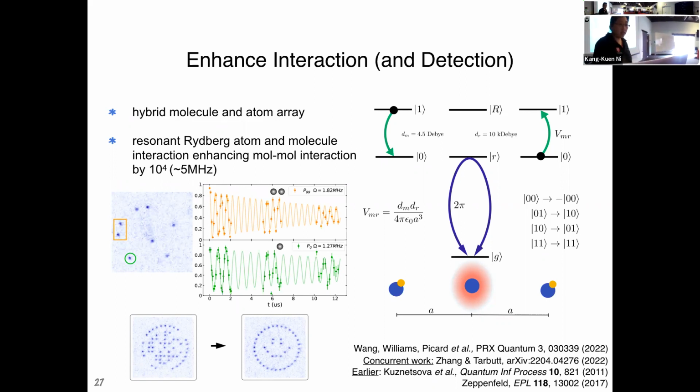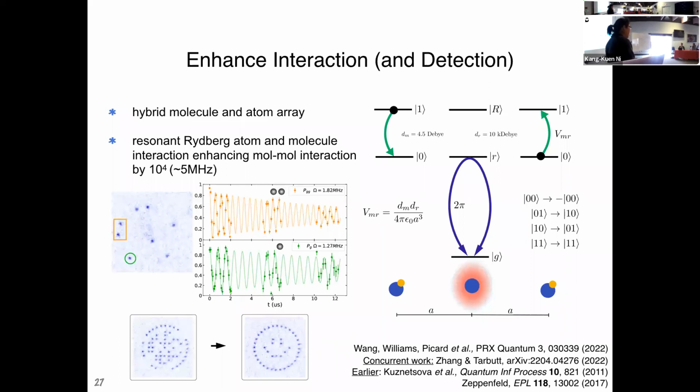Okay, so we just need to integrate it all together, basically shining this into our chambers where we make the molecules to demonstrate such a scheme. Another thing that's actually relevant, perhaps not for the scheme, perhaps not for interaction, but for detection: if we don't have this molecule here, this atom could also serve as a way to read out, in a non-destructive way, the state of the molecule.